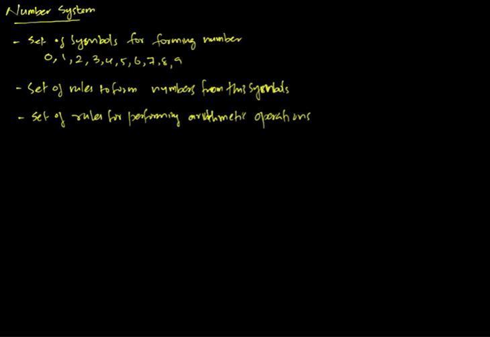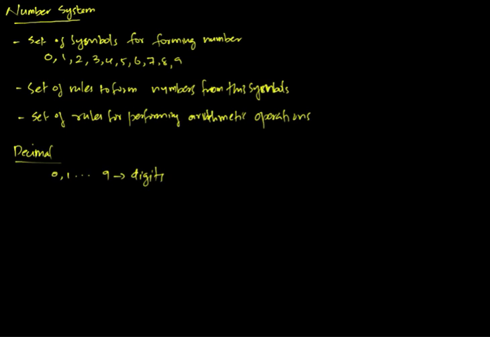In our familiar decimal number system, the symbols 0, 1, 2, 3 up to 9 are used to form the numbers, and these symbols are called digits in the decimal number system.